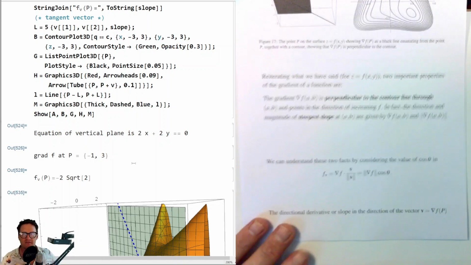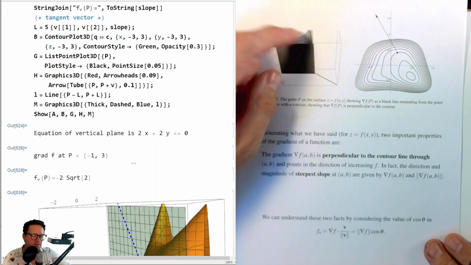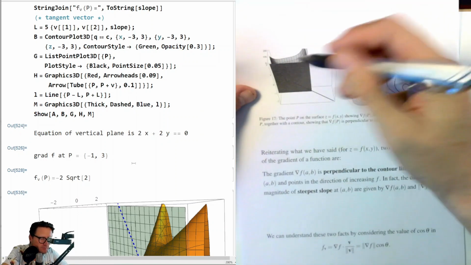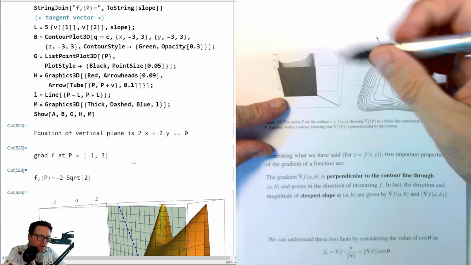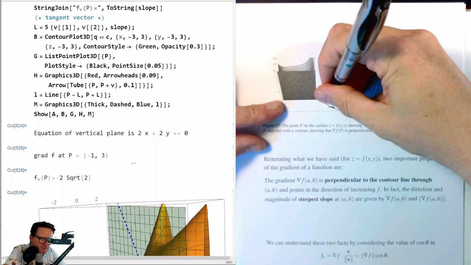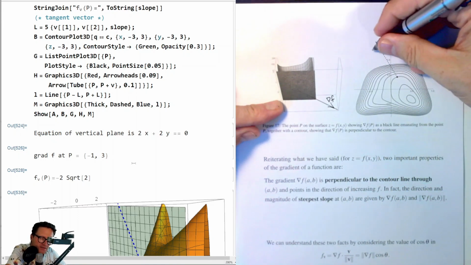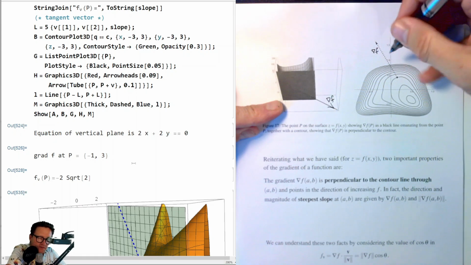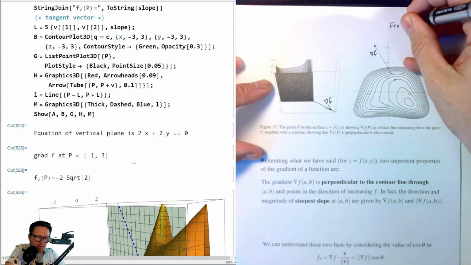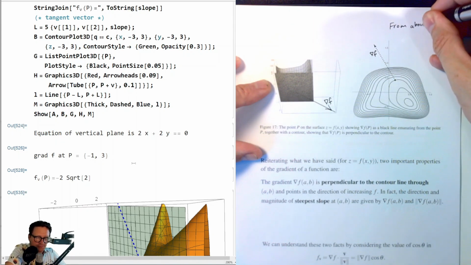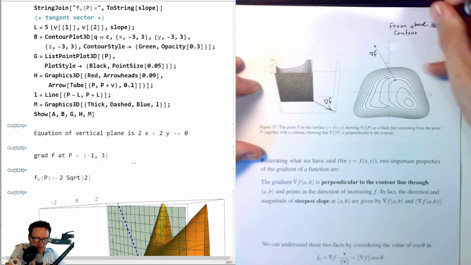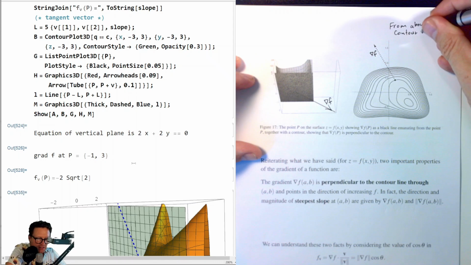Okay, so now in the next picture, we've got the function, and this is a little bit difficult to see here. But what I've got here is that arrow. So this is grad F, right? And here's the same grad F looking from above. So we'll call this from above, and this is a contour map or diagram, let's call it.